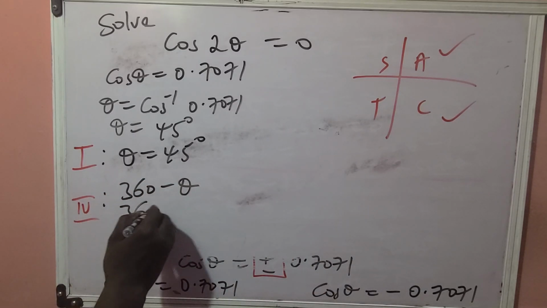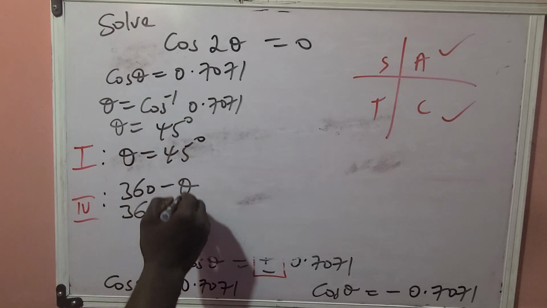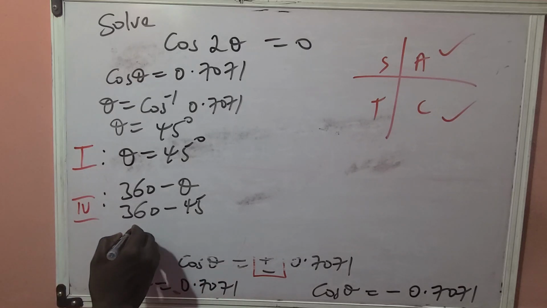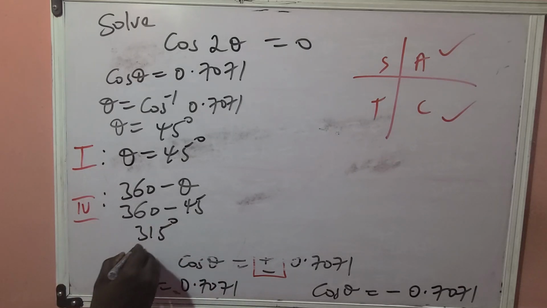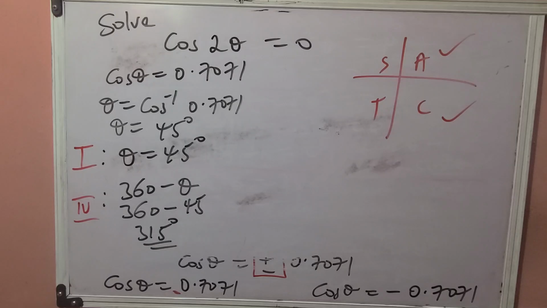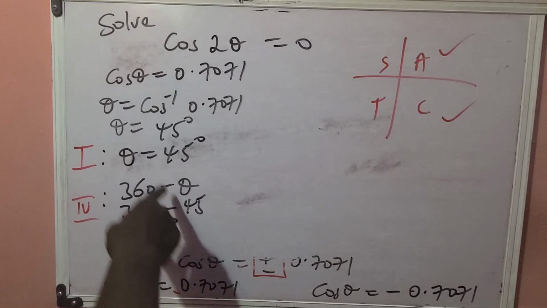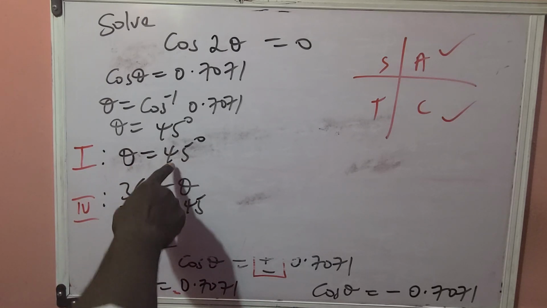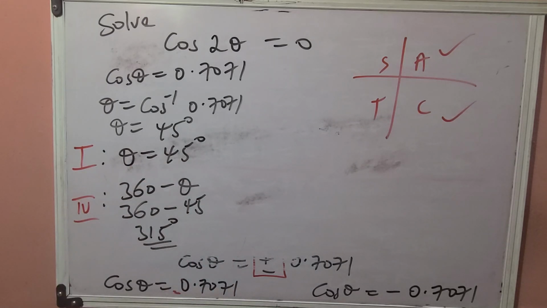This will be 360 minus 45, which is obviously going to be 315. So we have 315 as our answer. So for this particular side of things, when cos theta was positive 0.7071, our angle is 45 degrees and 315 degrees.